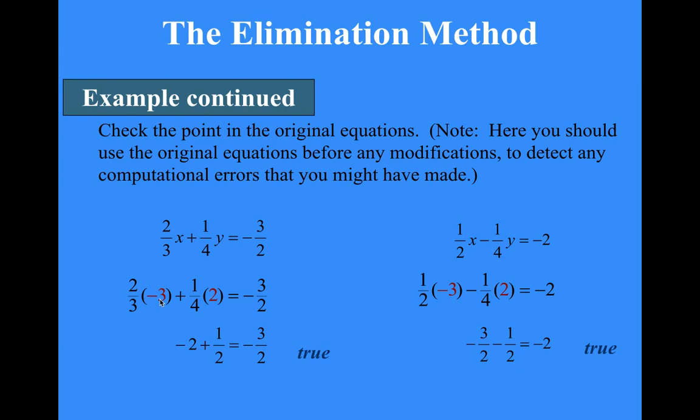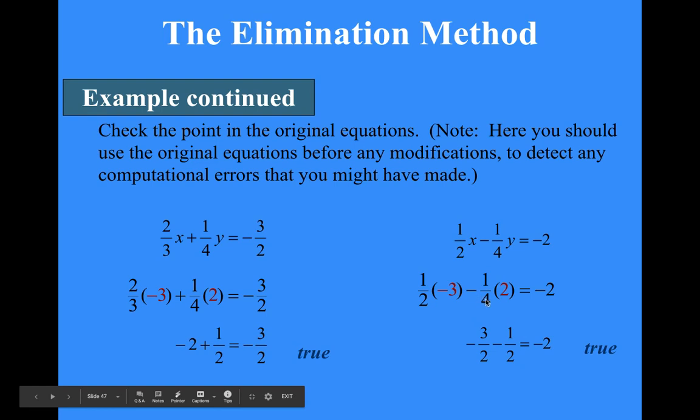2/3 times negative 3. The 3's cancel out. I get negative 2. 1/4 of 2. 2 times 1/4 is 1/2 because I get 2 over 4, which is 1/2. Negative 2 plus 1/2 gives me negative 1.5, which is the same thing as negative 3/2. It's a true statement. Same thing here. Positive 1/2 times negative 3 gives me negative 3/2.